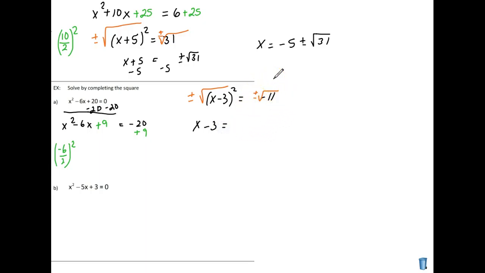I hope you remember that when we're dealing with complex numbers, square root of negative 11 becomes square root of negative 1 times the square root of 11. So that becomes plus or minus i square root 11. And then we need to add the 3 to get my x by itself. So I end up with x equals 3 plus or minus i times the square root of 11.